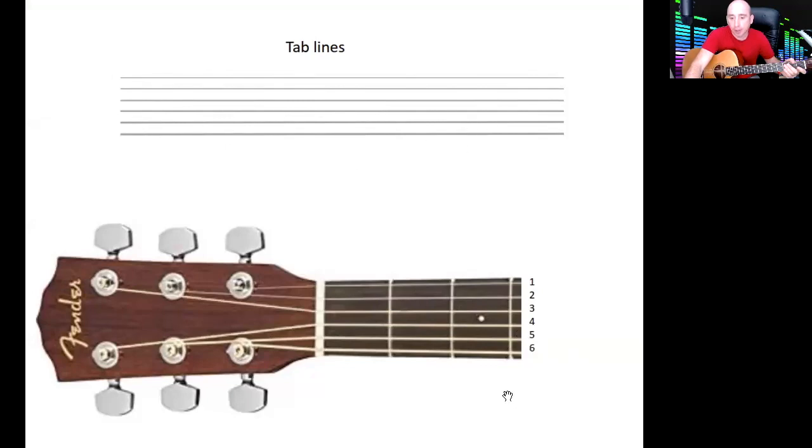What I've done is I've shown you how a guitar looks. This is a right-handed guitar. I've just shown you here, see the thick strings at the bottom, and this is how it looks on tab music.